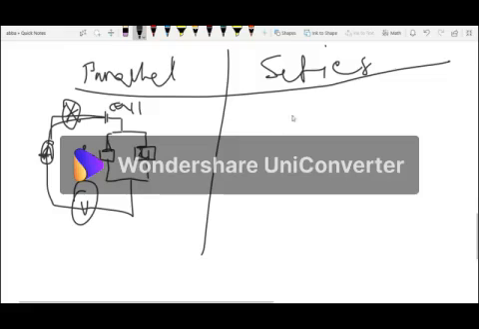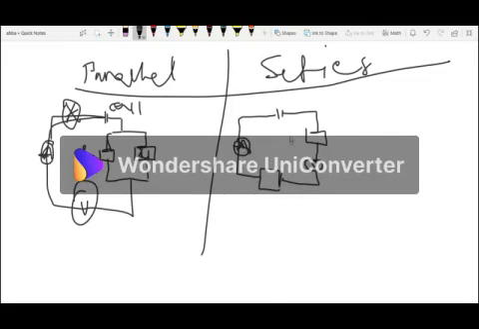A series connection can take this form. Let's say this is resistor 1, then this is a voltmeter, and this is resistor 2, like that, then this is going to be your ammeter.